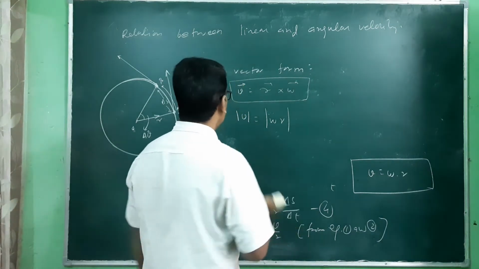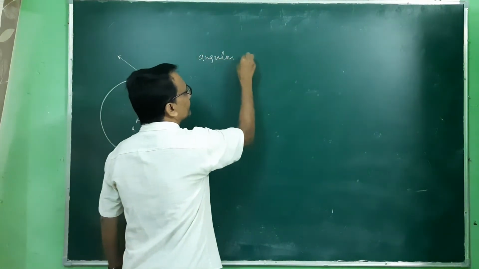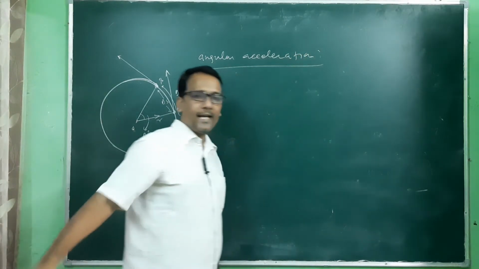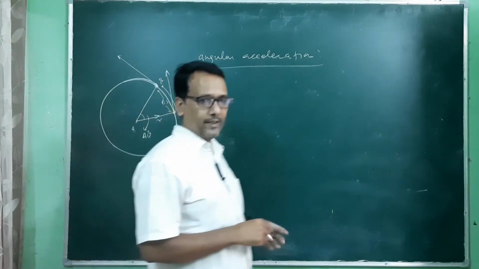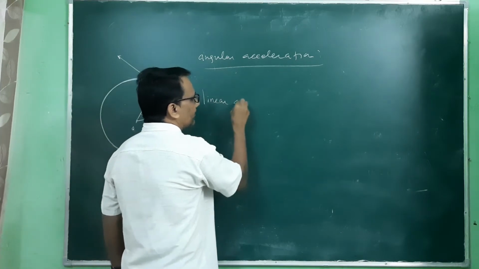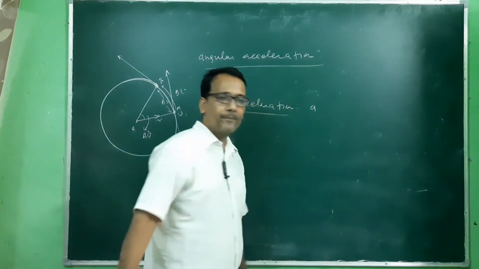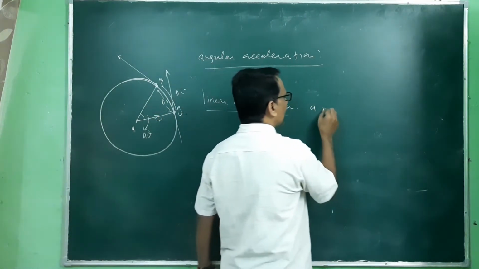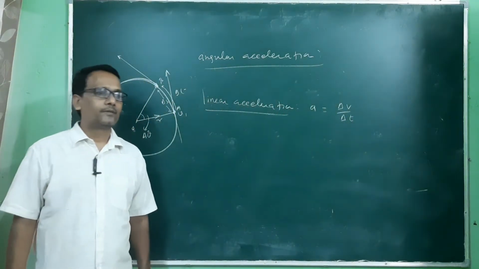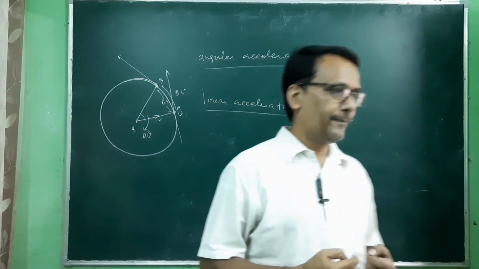acceleration. So angular acceleration. Generally, acceleration is defined as the rate of change of velocity. So we have the linear acceleration, represented by a, and it is the change in velocity with respect to time: v2 minus v1 by t2 minus t1, or v minus u by t.